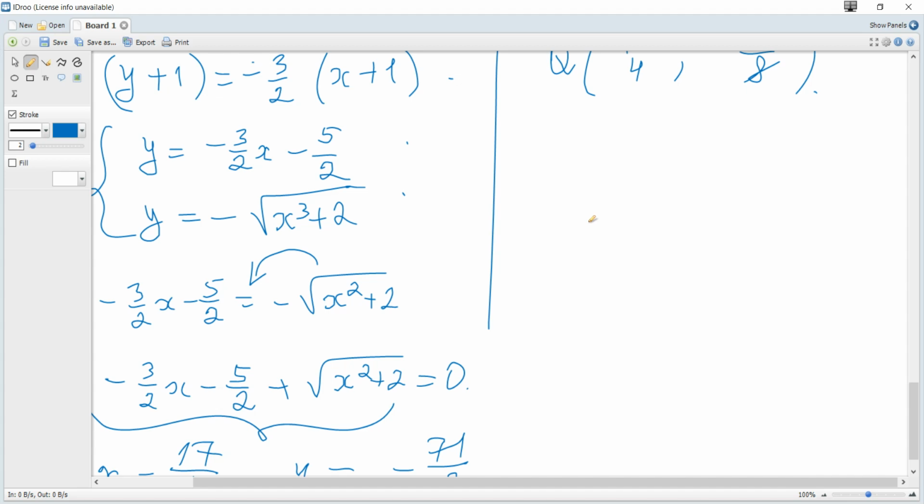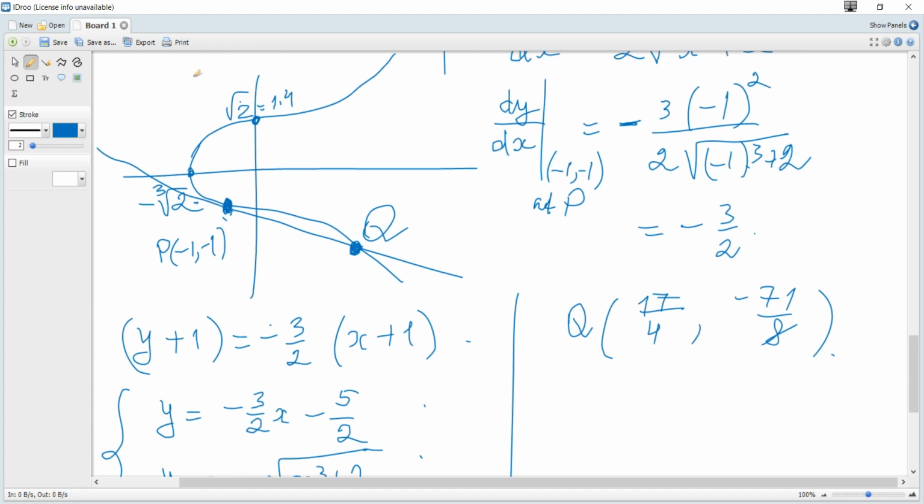And the last question, 5 marks. The point S with coordinates -1, 1 also lies on the curve. The line QS intersects the curve at a further point. Determine the coordinates of this point.